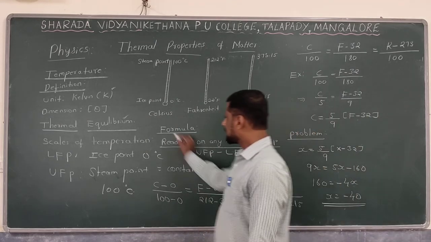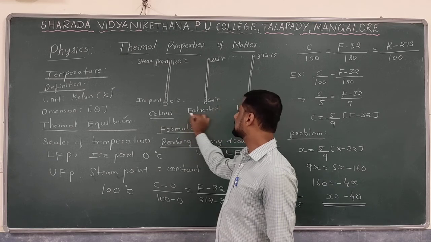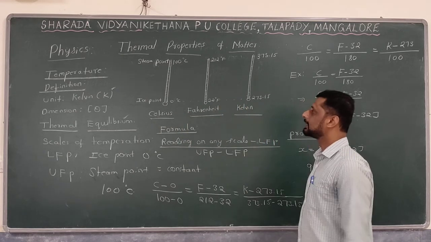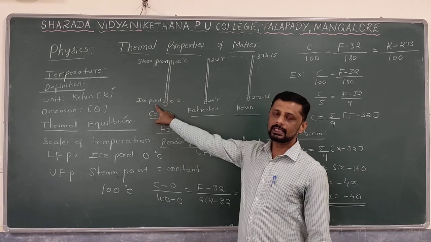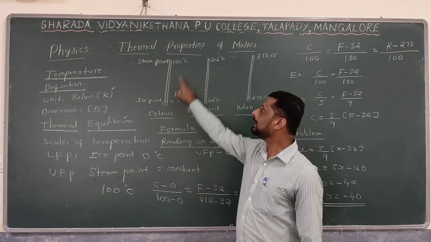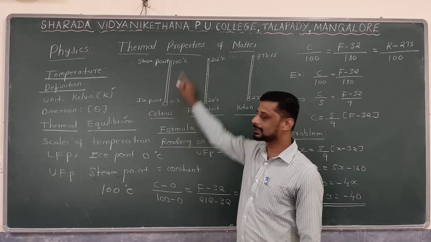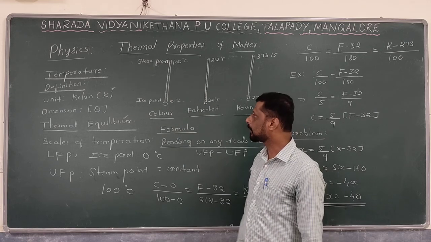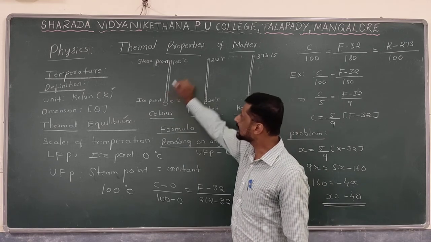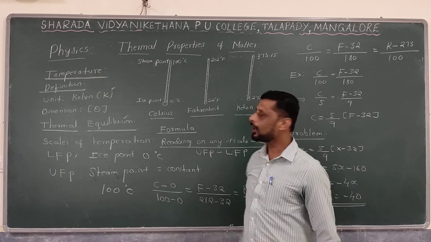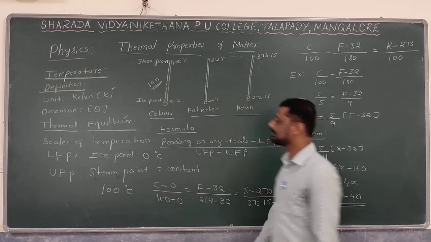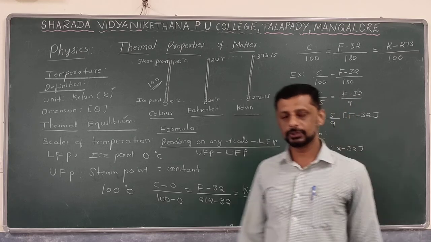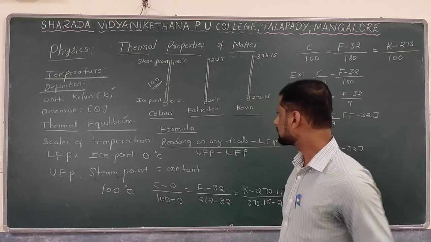As I said earlier, there are three scales here: Celsius, Fahrenheit and Kelvin. In the Celsius scale, 0 degrees Celsius, the ice point, is the lower fixed point and 100 degrees Celsius, the steam point, is the upper fixed point. In between, there are 100 divisions, and each division corresponds to 1 degree Celsius.